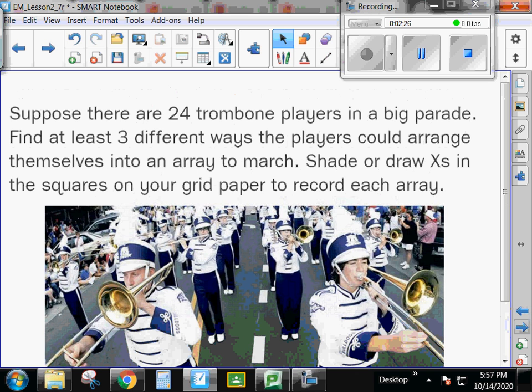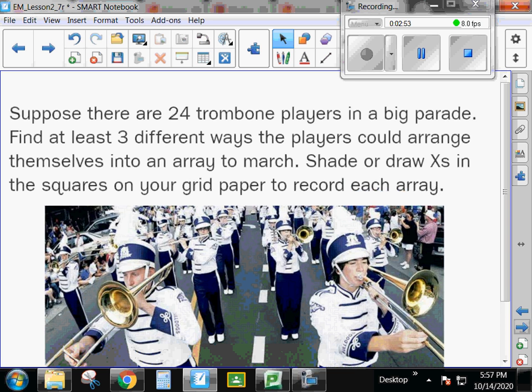If you happen to have 24 objects, like maybe go and see if you have 24 pennies or 24 Cheerios. Maybe you can gather 24 little items, nothing big, that you can arrange into arrays to do this problem. At school, I always have little square tiles that you can move around and manipulate to help you work out this problem. So if you need to gather anything, pause the video, go ahead and do that.